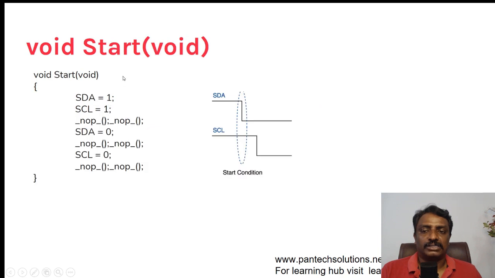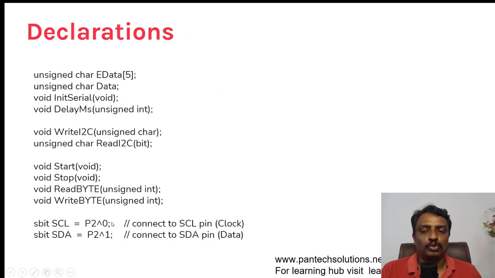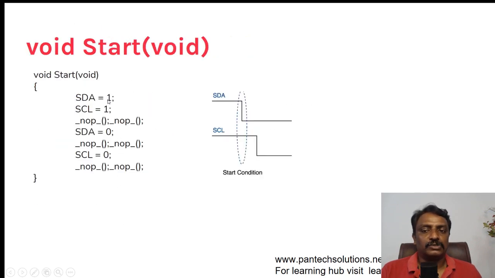Now the start condition. The SDA and SCL lines are pointed to 2.0 and 2.1. To make it start, SDA is 1 and SCL should be 1 for a certain period of time.